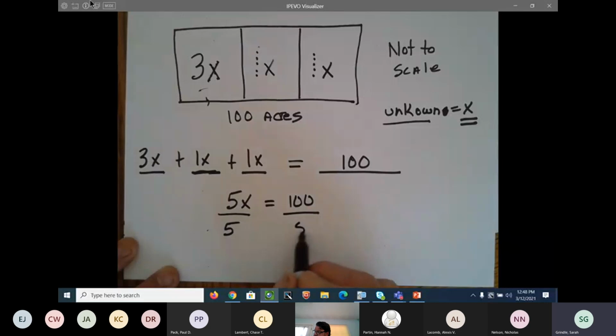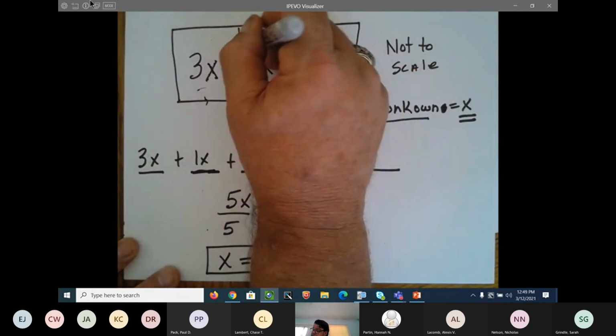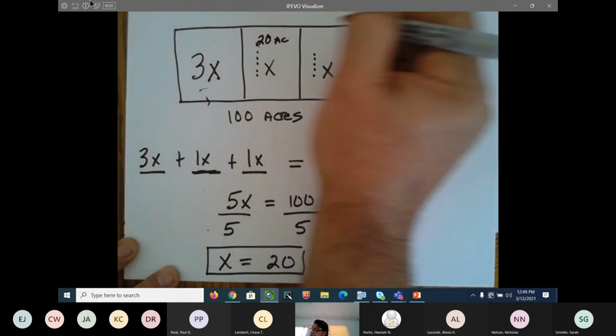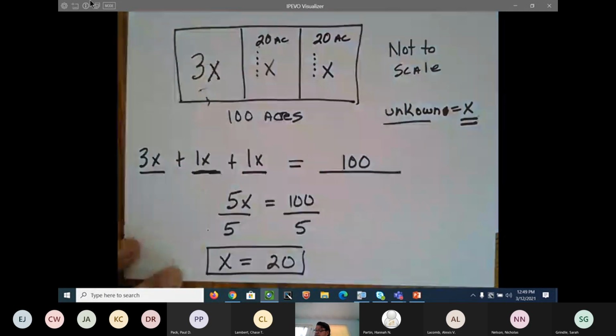You divide by 5. X is equal to 20. Now, are we through with the problem? No. These 2 are 20 acres. What's this one? Whatever 20 times 3 is?